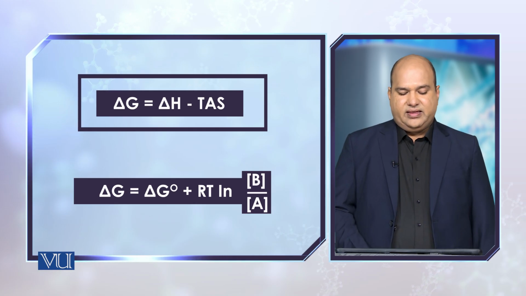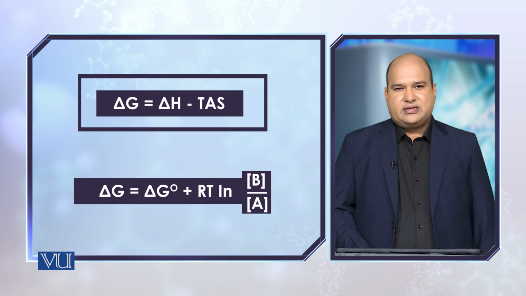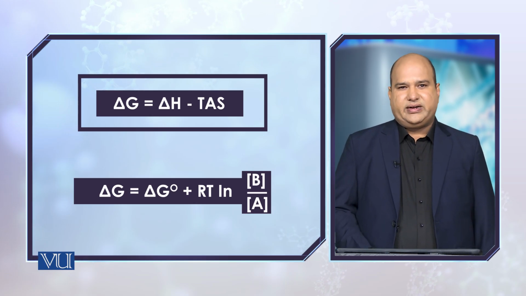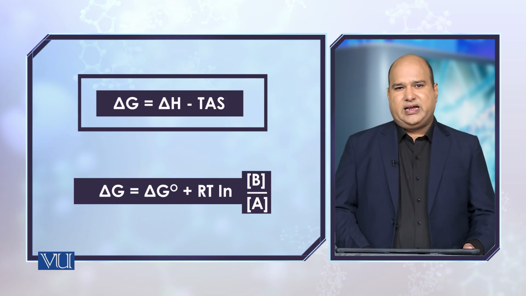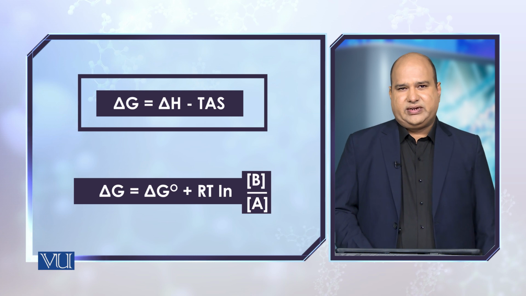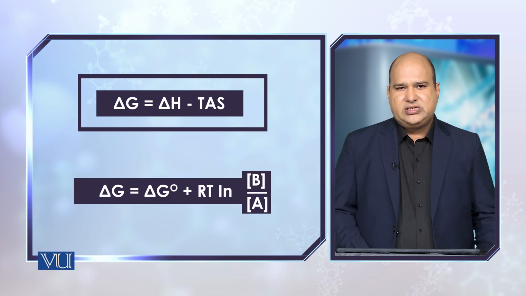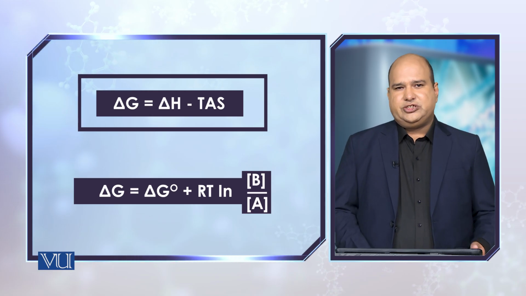So, in this way we can now relate the free energy with the concentrations of the product and reactants, because in the physiological system you are all the time dealing with concentrations. Once you know the concentration of reactants and products, it is much easier than calculating the value of delta G or delta G naught.